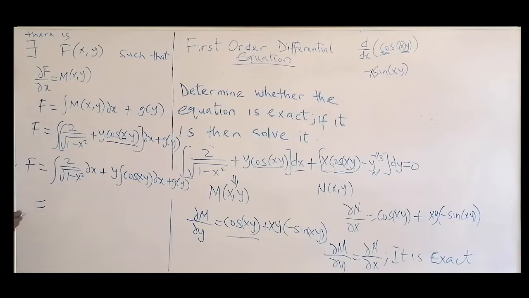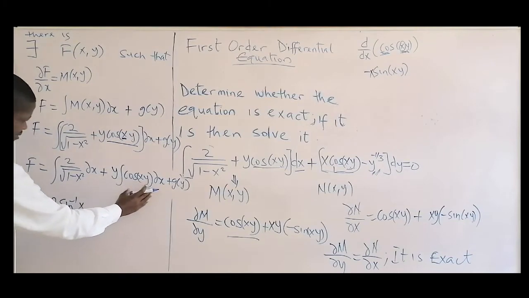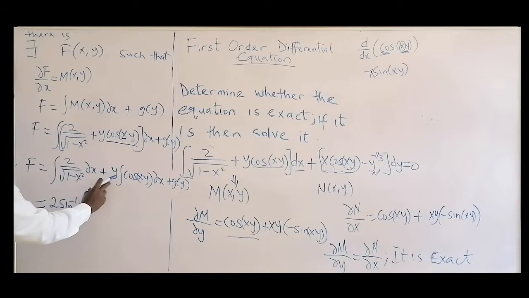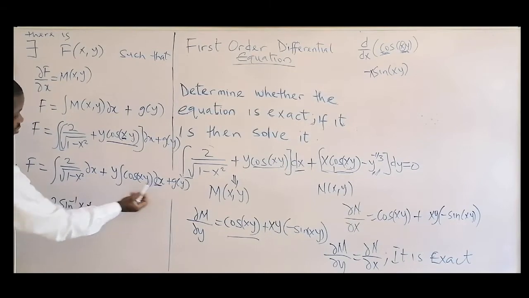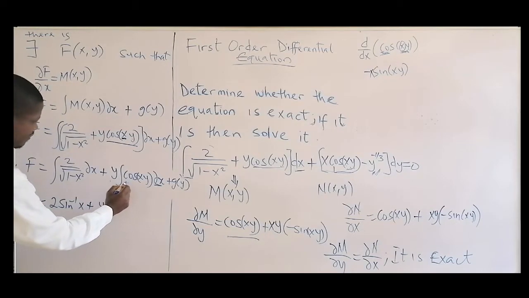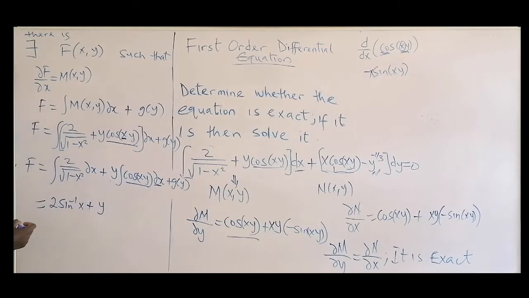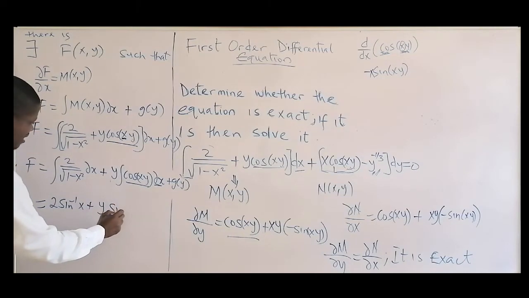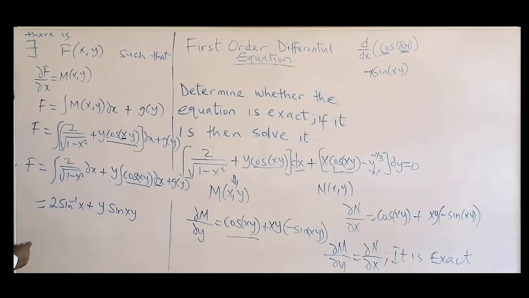So that will be equal to the integral of this with respect to this function. That will be equal to 2 arcsine x. The y is constant since we are doing it with respect to x. That's why I took it outside. So that will be y times the integral of cos. Integral of cos is sine xy.